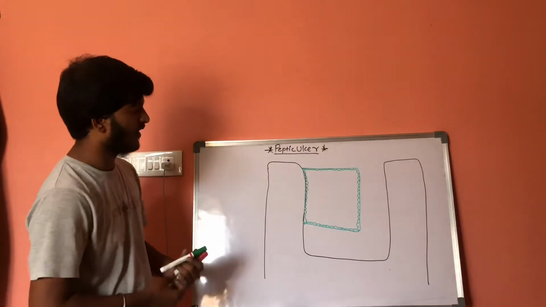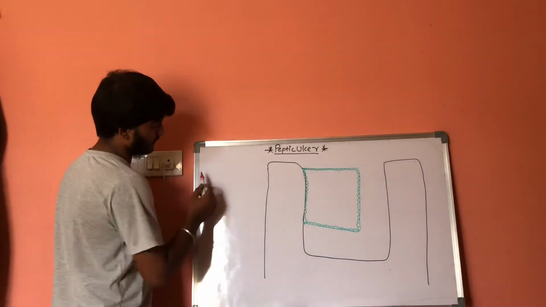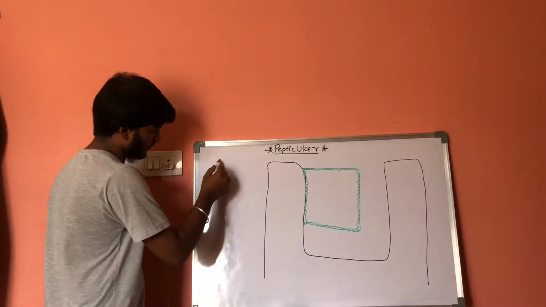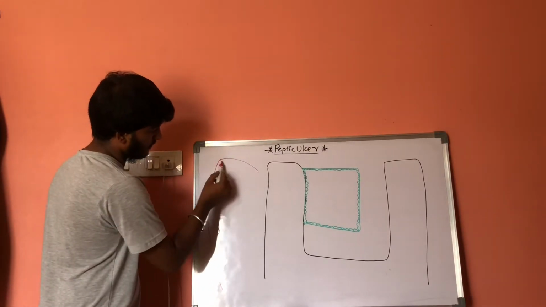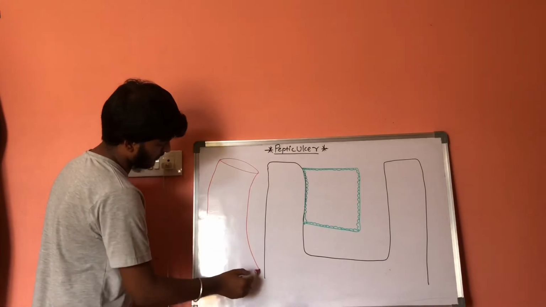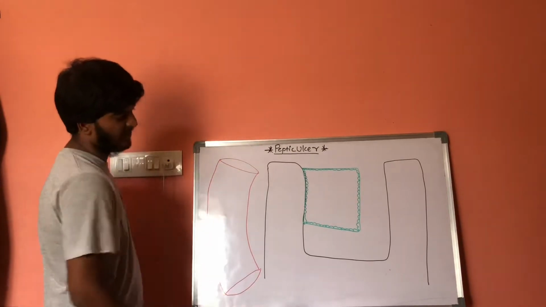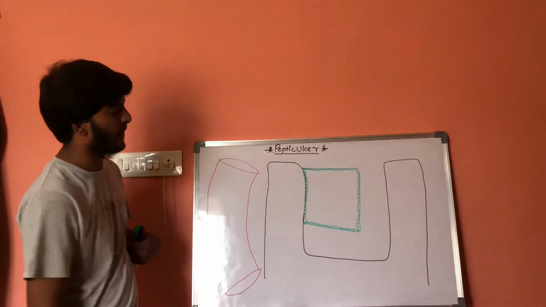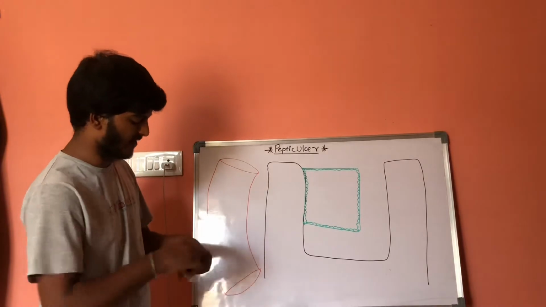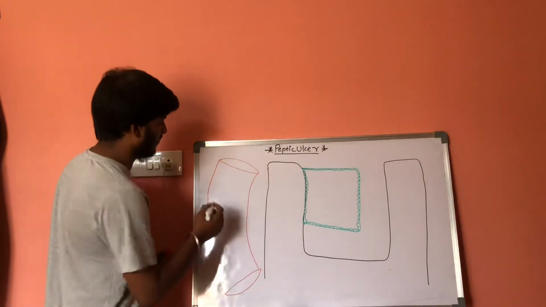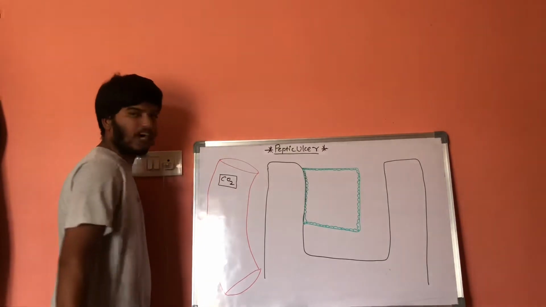Now for this there is a blood supply also. Here this is the blood supply. Within the blood supply there is carbon dioxide present.